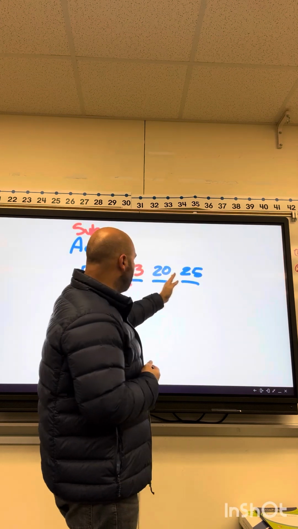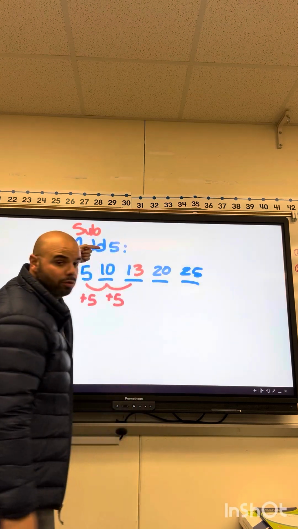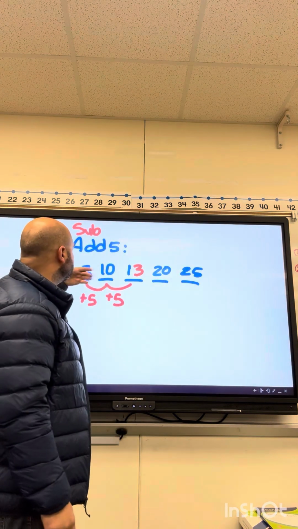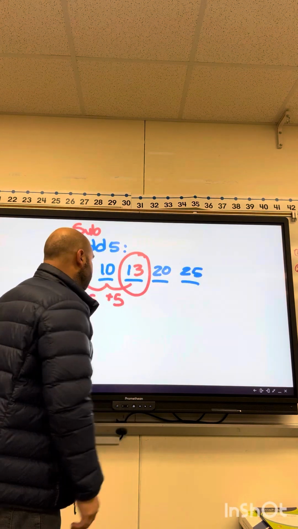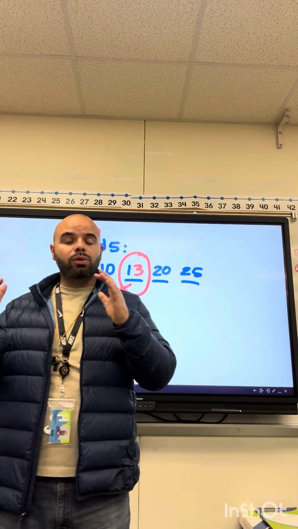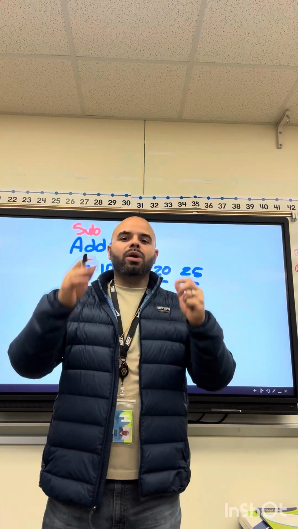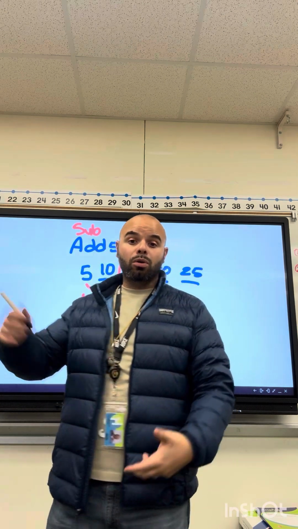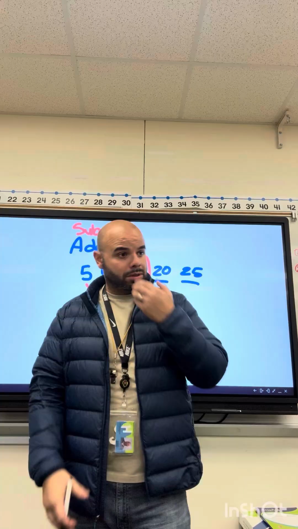So something's off here. But then again, here is 5, and they have the rule, add 5. So it doesn't make sense that this number is 13, it should be 15. That's just an example. Sometimes they'll give you a number sequence with a number that does not belong, and you have to figure out which number doesn't belong according to the rule they give you. Okay, that is patterns.